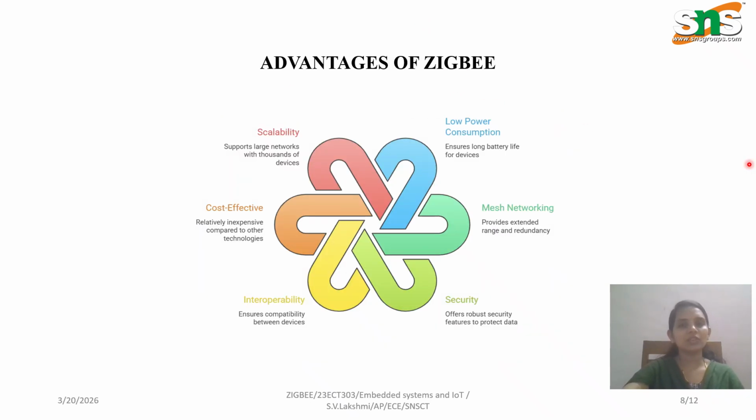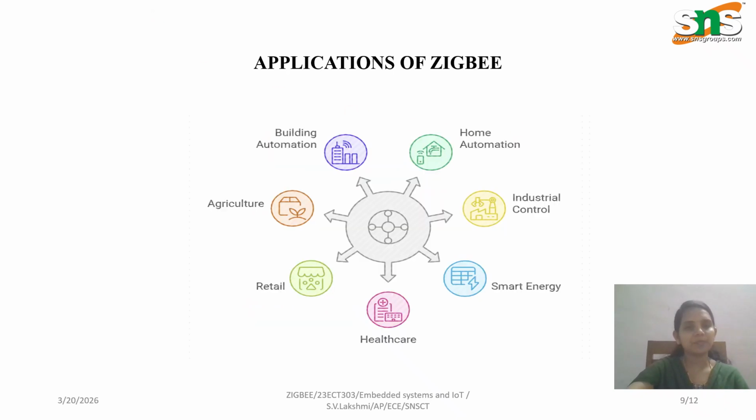The advantages of ZigBee are that it is energy efficient, a scalable network, and reliable, which means self-healing mesh networking is there. It has low power consumption, is cost effective, and provides security. These are all the advantages of ZigBee.